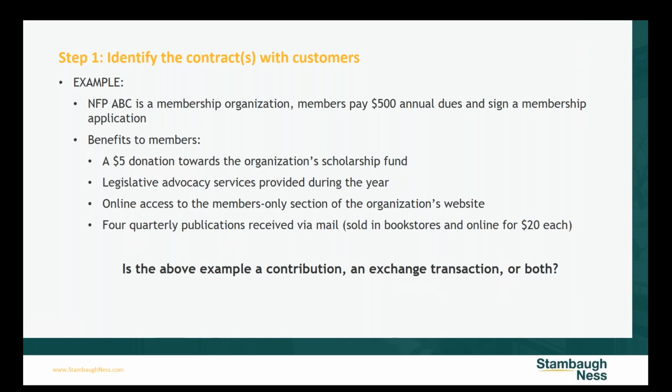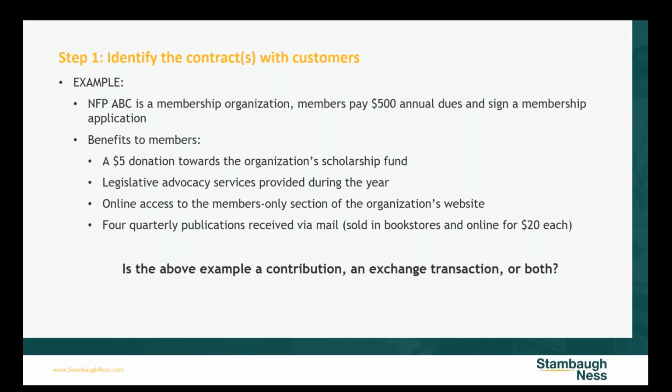The benefit to the member includes a $5 donation towards the organization's scholarship fund, legislative advocacy services provided during the year, online access to the members-only section of the organization's website, and 4 quarterly publications received via mail, which also can be sold in bookstores and online for $20.